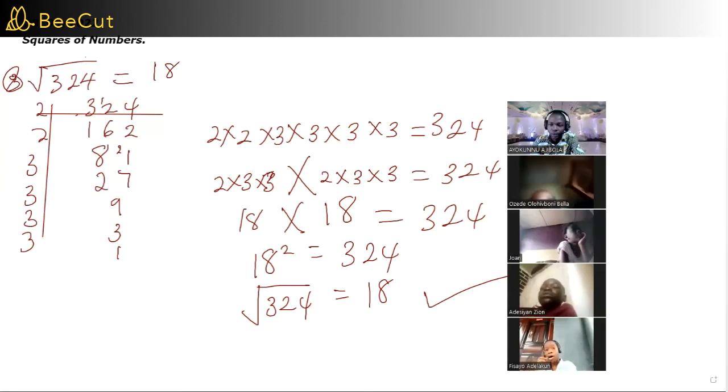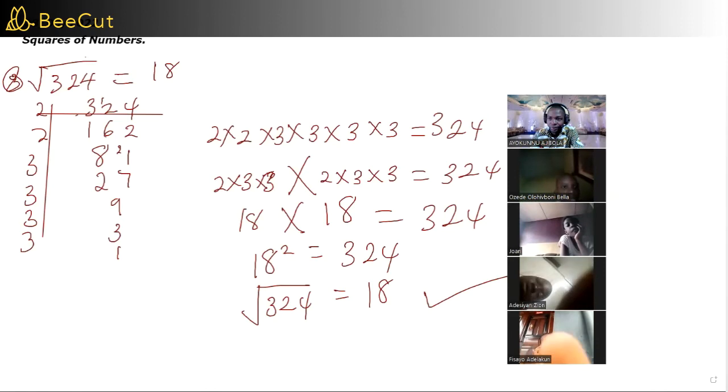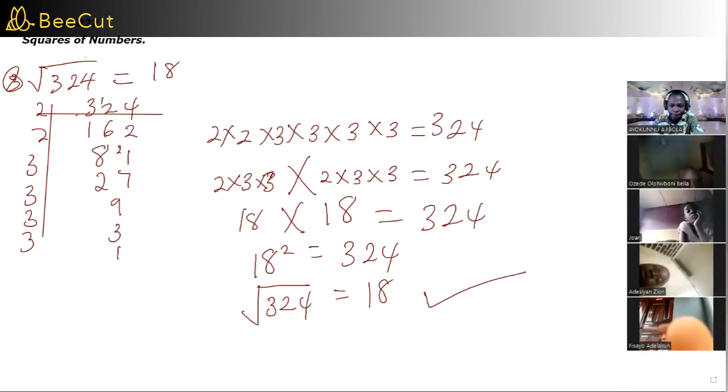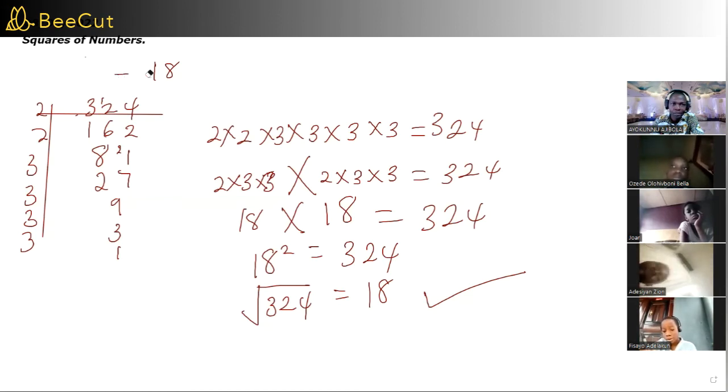Okay, so what I want to give you is, what is the square root of 1024? Yes, 1024. I'm hearing as if somebody is sweeping something or something.